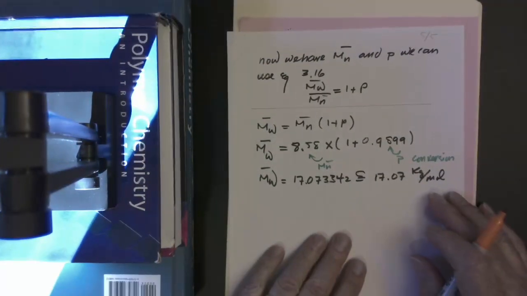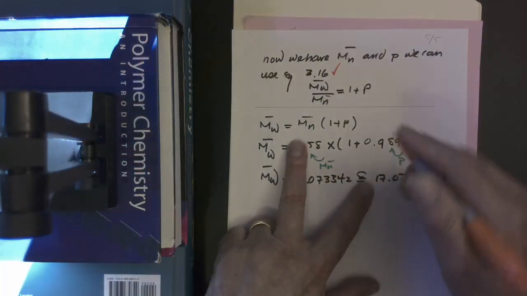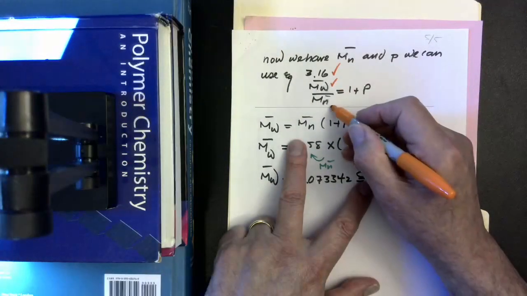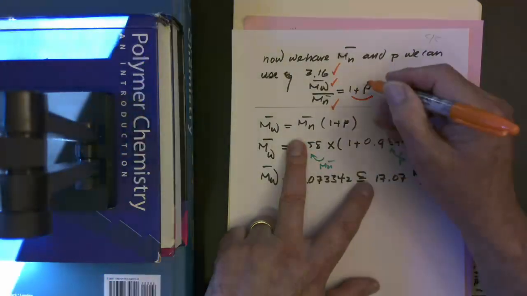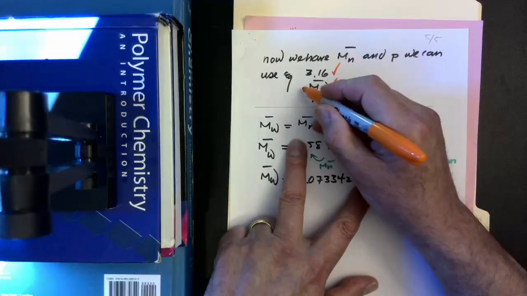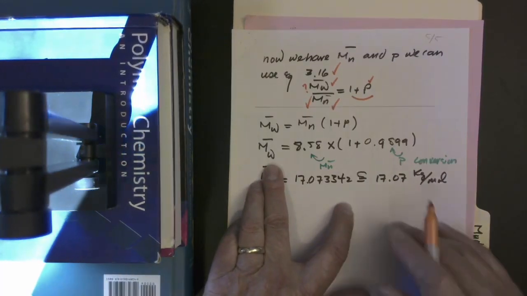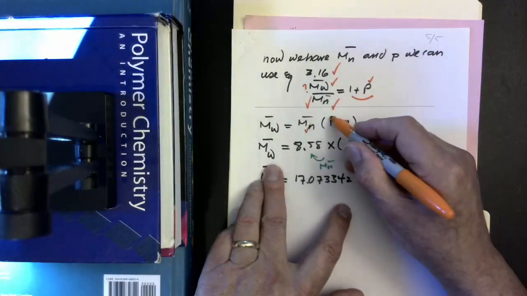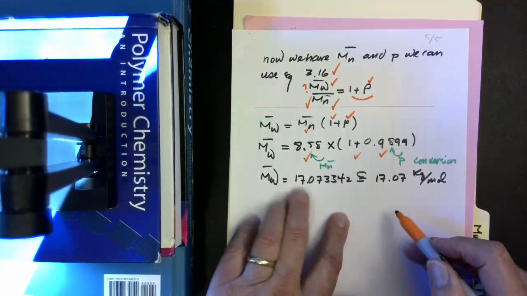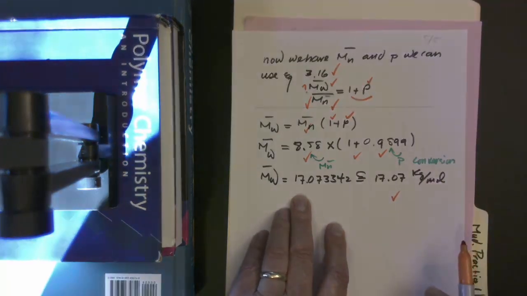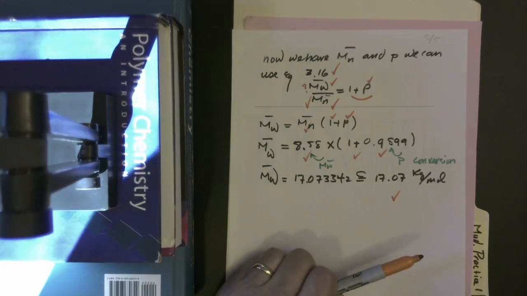We know from equation 3.16 that Mw over Mn is 1 plus P. We don't have the Mw, but we have the Mn. So Mw would be Mn times 1 plus P, 8.58 times 1.9899. That ended up giving an Mw of 17.07 kilograms per mole. Thanks for your attention.